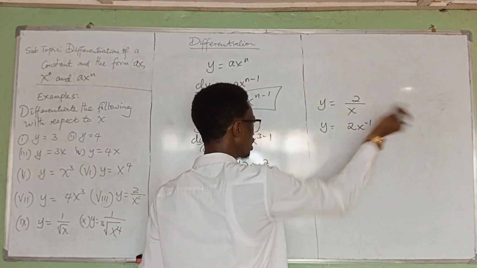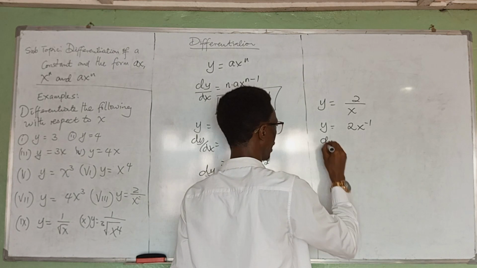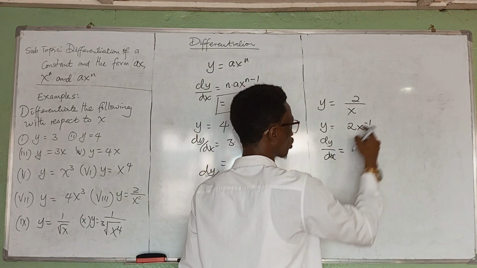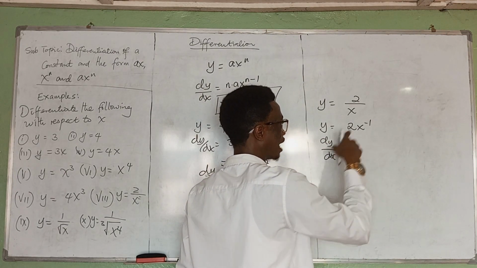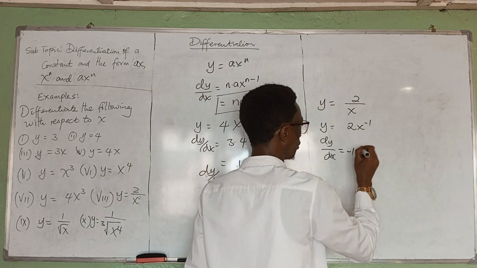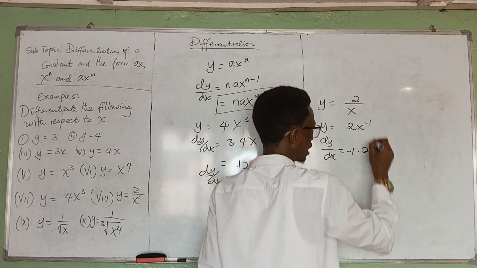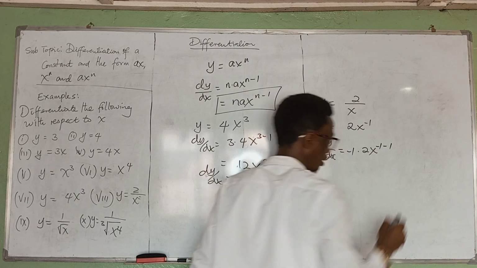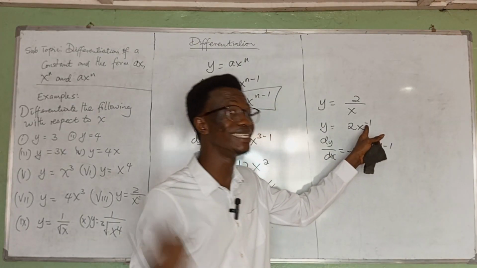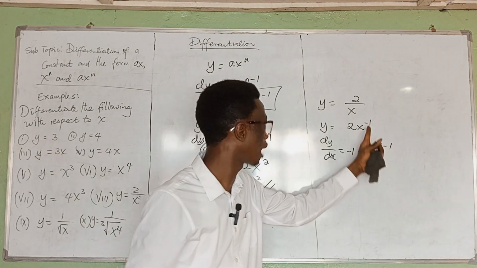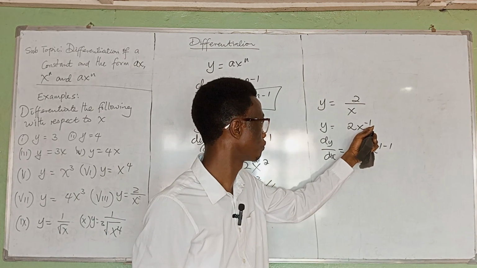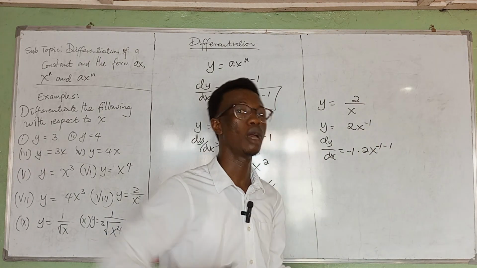Okay, this function. Now if I differentiate, dy by dx becomes, remember I told you this is n and this is a, you multiply minus 1 multiplied by 2, then you have x, and this becomes minus 1 minus 1. Minus 1 here is the initial natural constant it has from the question, and now you are taking minus 1.